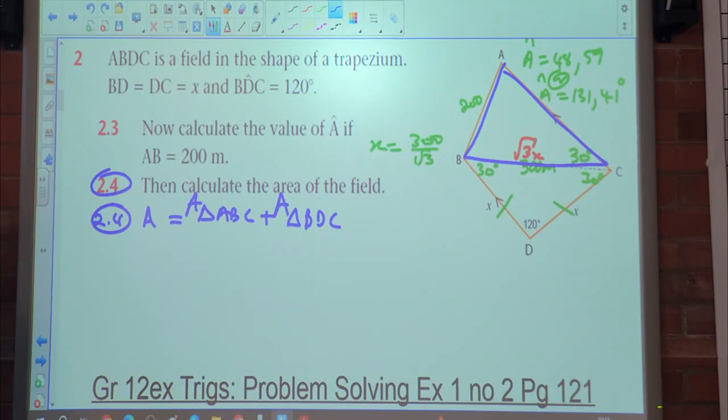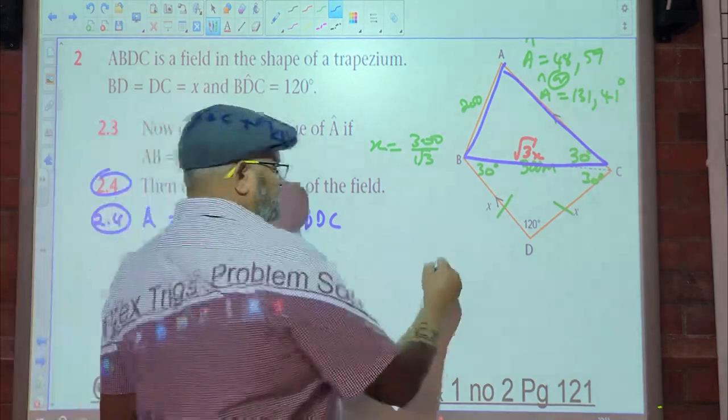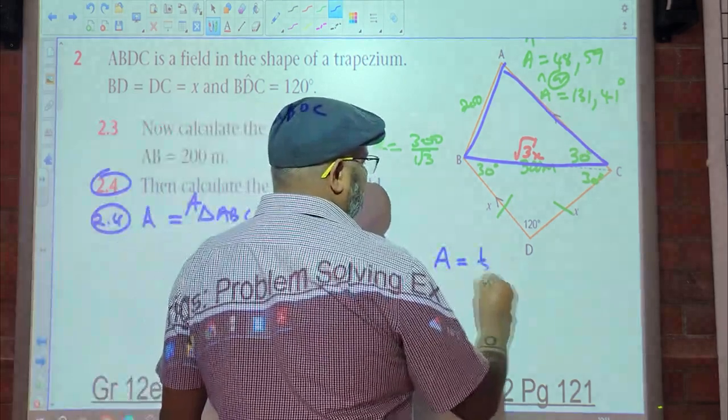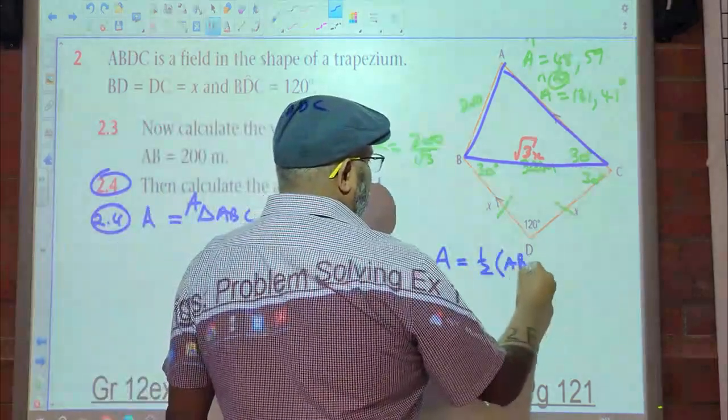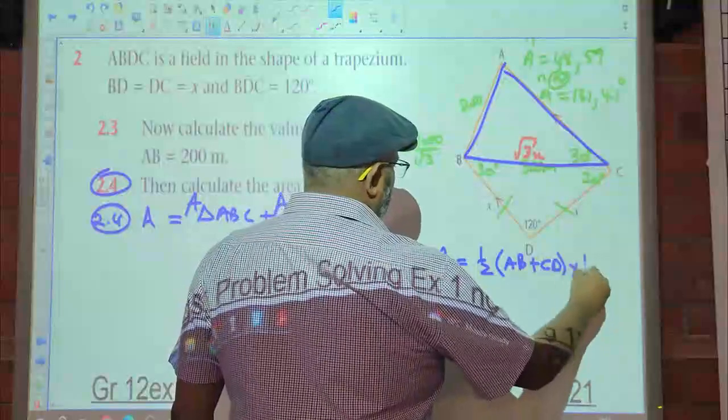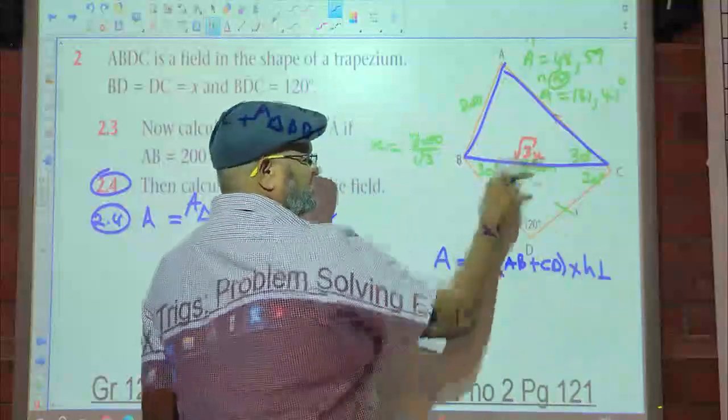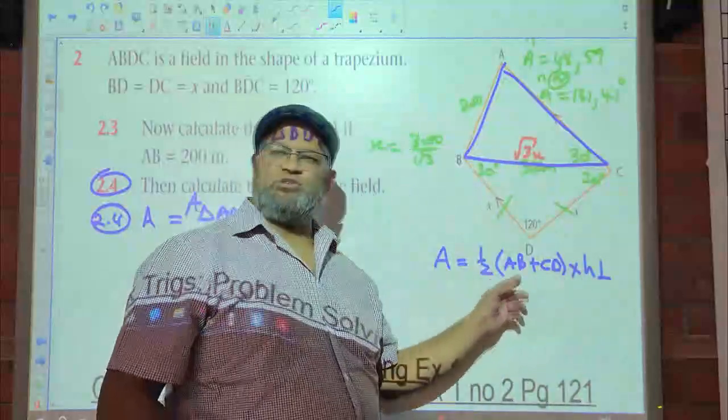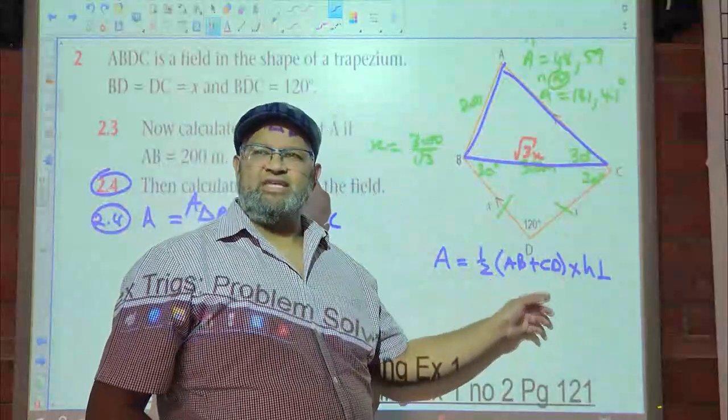Otherwise, we could have used the area of a trapezium. What is the area of a trapezium? The area is equal to half, AB plus CD, times the perpendicular height. Remember that AB and CD are the parallel lines.